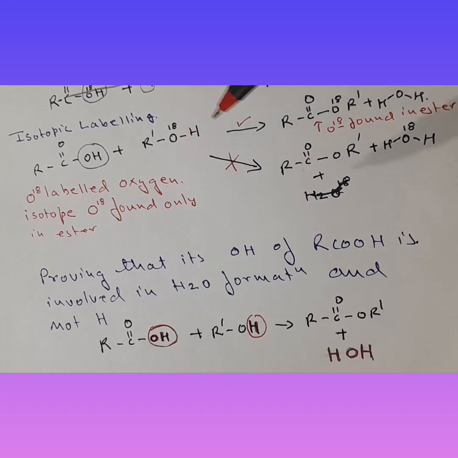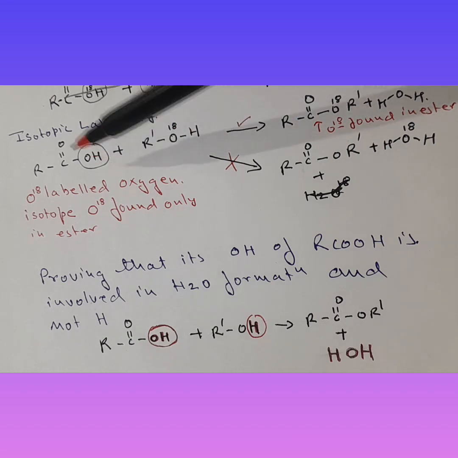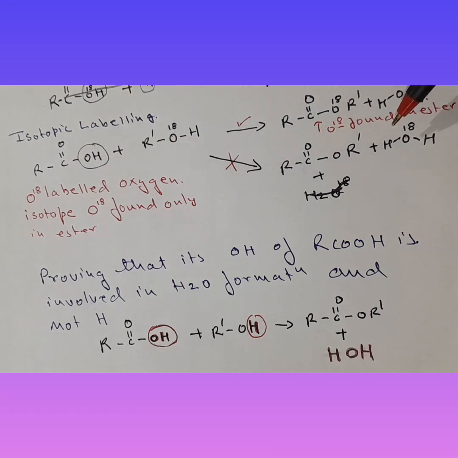What we find is that the ester has O18, whereas water does not have O18. So this itself proves that O18 was with the alcohol, and that the contribution of H is from here and OH is from here.